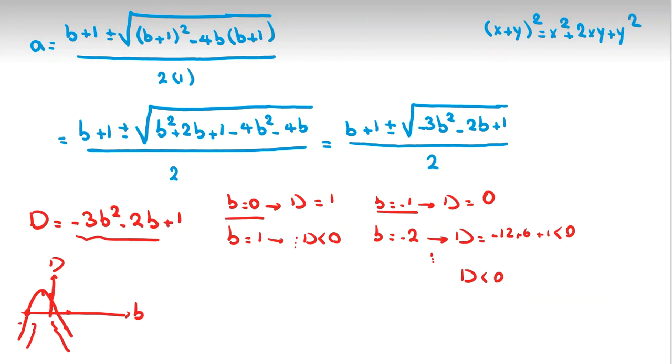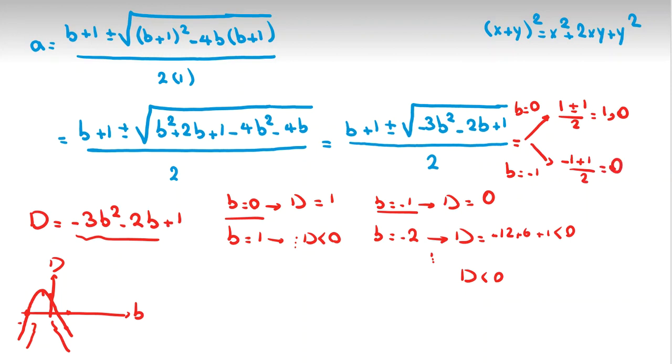So let's check. If b is 0, it will be 0 plus 1 plus minus 1 over 2. a will be 2 over 2, 1, and 0. If b is negative 1, negative 3 plus 3, d is 0, it will be negative 1 plus 1 over 2, which will be 0 again.